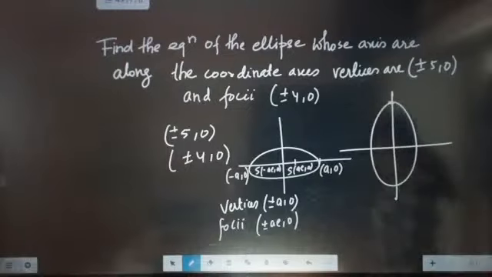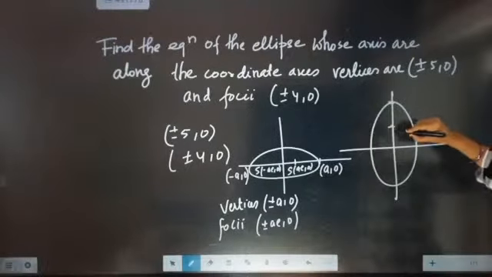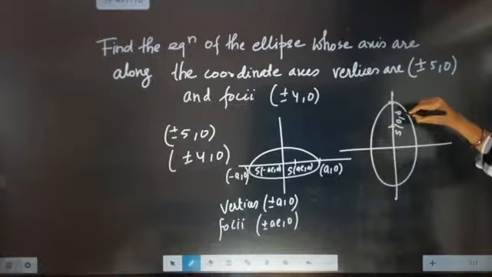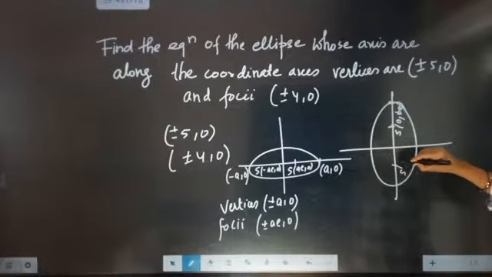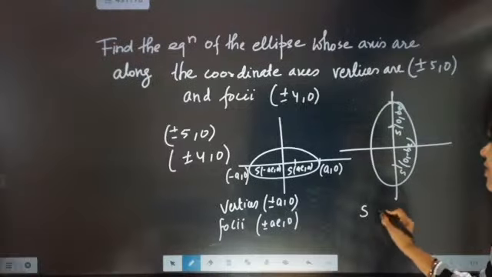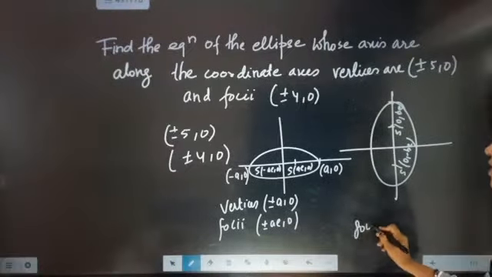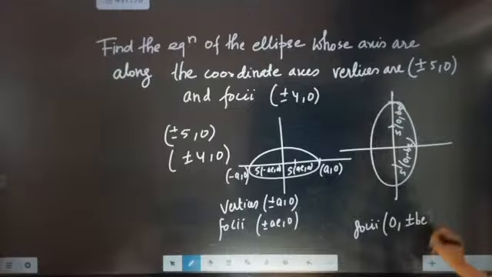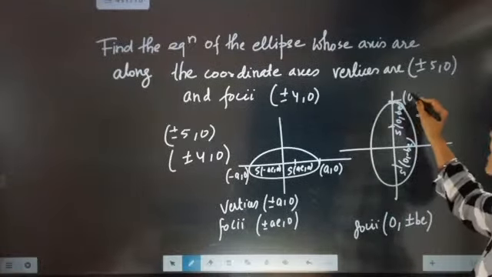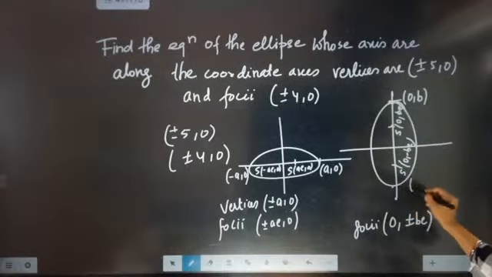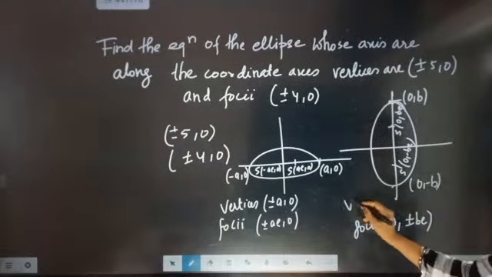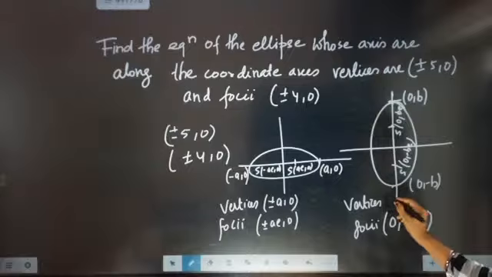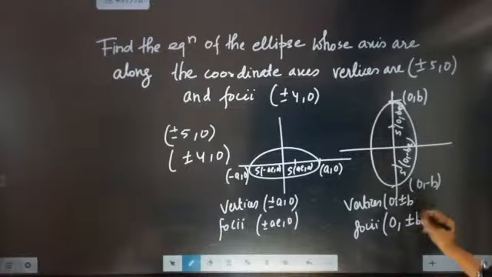When the other ellipse is there, the foci will be 0 comma b and 0 comma minus b, so foci will be 0 comma plus minus b. This is a very important point of difference, and the vertices will be 0 comma plus minus b.